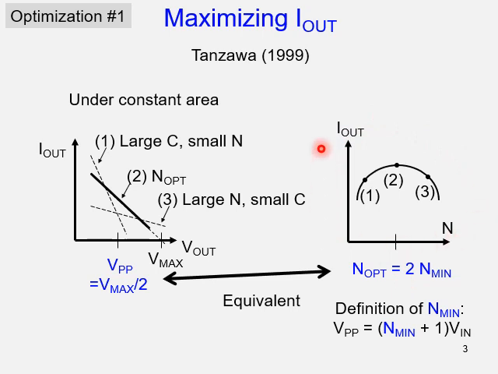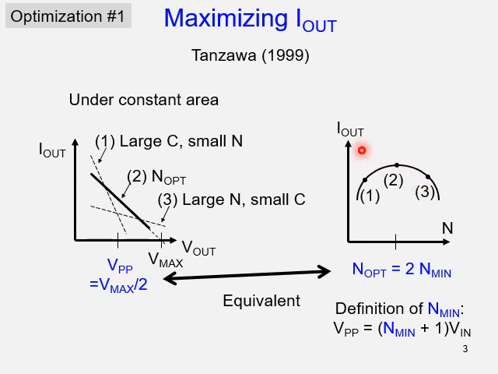This is output current versus number of stages n under a constant area. So you would have a concave up curve like this. And at this point, the number of stages must be given with this equation. So it is a very simple way to select an optimum.